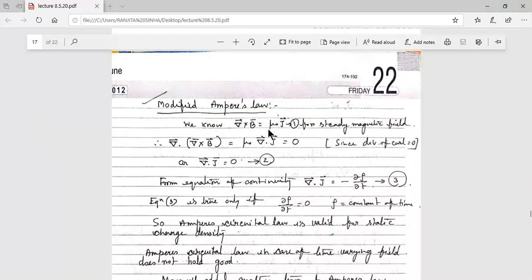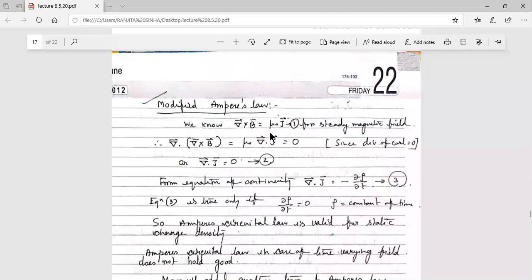No one is answering. I have just proved it, and at the top the name is written. Ampere's circuital law. So this is the differential form of Ampere's circuital law.